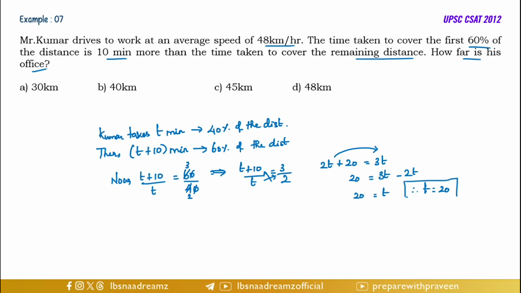Now, the time required to complete the journey is equal to 2t plus 10. 2 into 20, t is equal to 20, right? 2 into 20 plus 10, which is 50. 40 plus 10 is equal to 50 minutes.